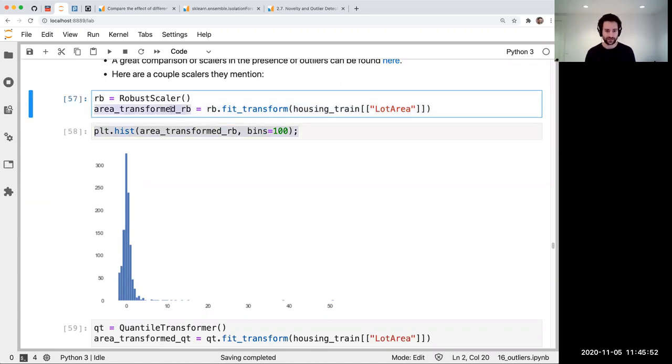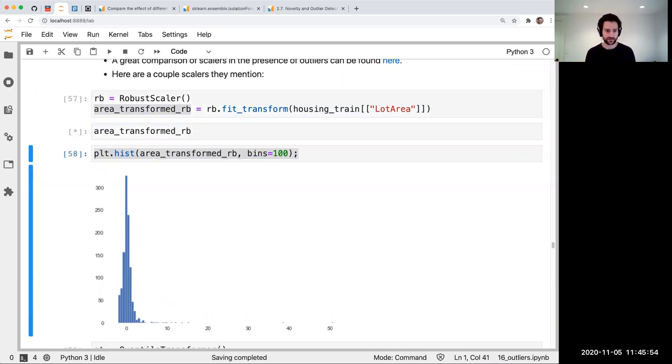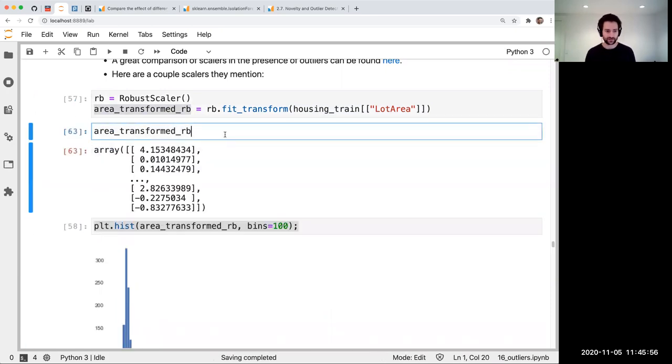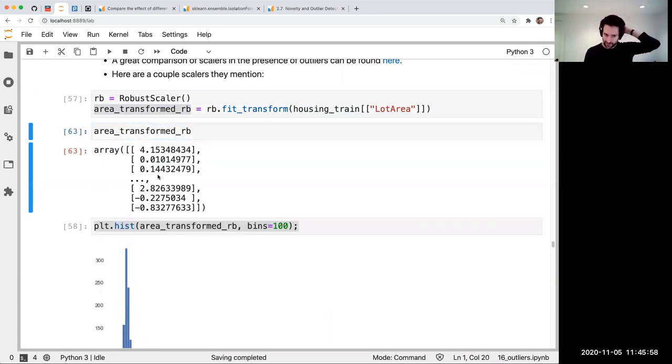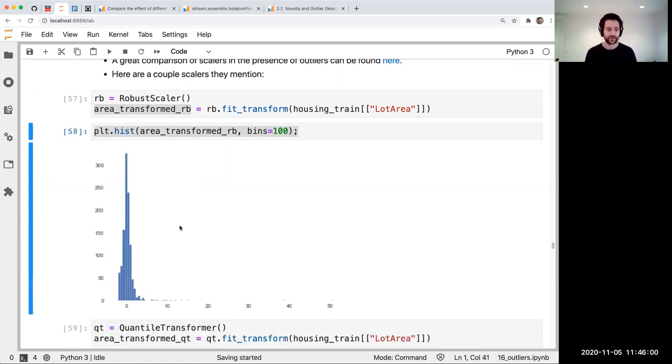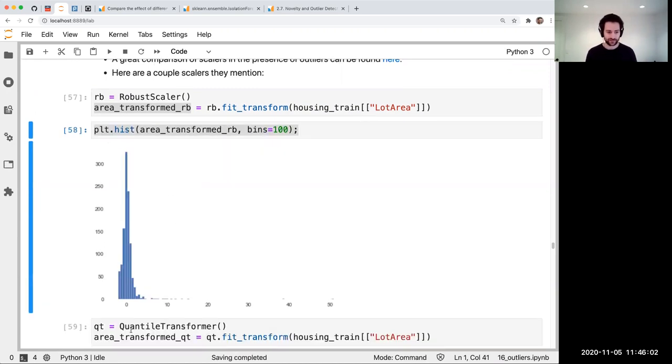The values themselves are just a whole bunch of numbers. It's hard to look at. So I'm making a histogram of them just so we can see, okay, most of them are around 0. So the x-axis is the transformed value of the lot area feature, and the y-axis is the frequency of values within the bin. So we have a small number around 50. We have lots around 0. Does that answer it?